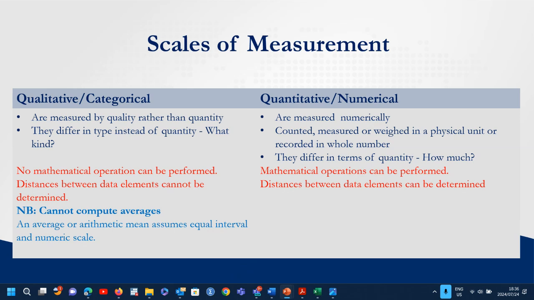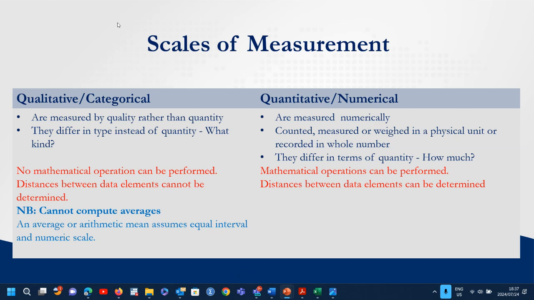So already in your mind, when the variable is qualitative, you will know that statistical tests that have to do with averages are not applicable for that variable. You will be counting: 10 had brown hair, 15 had yellow, and so on.